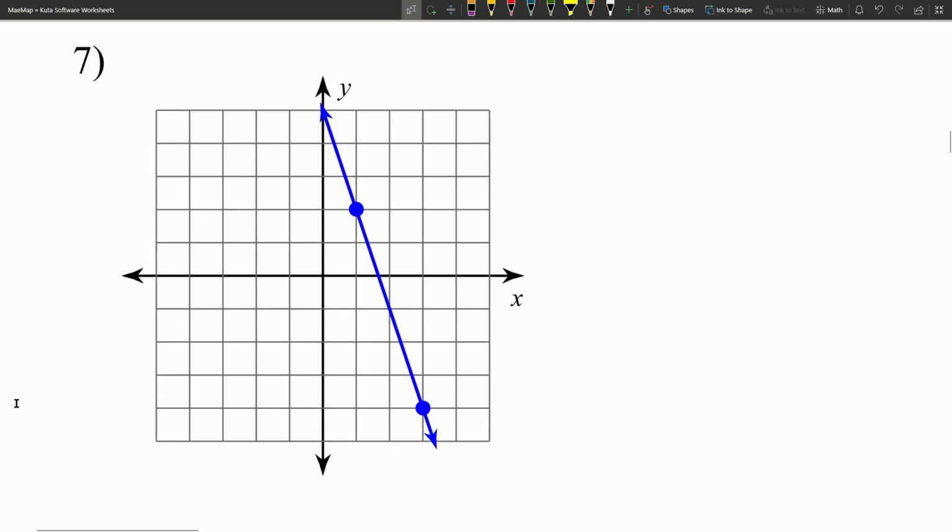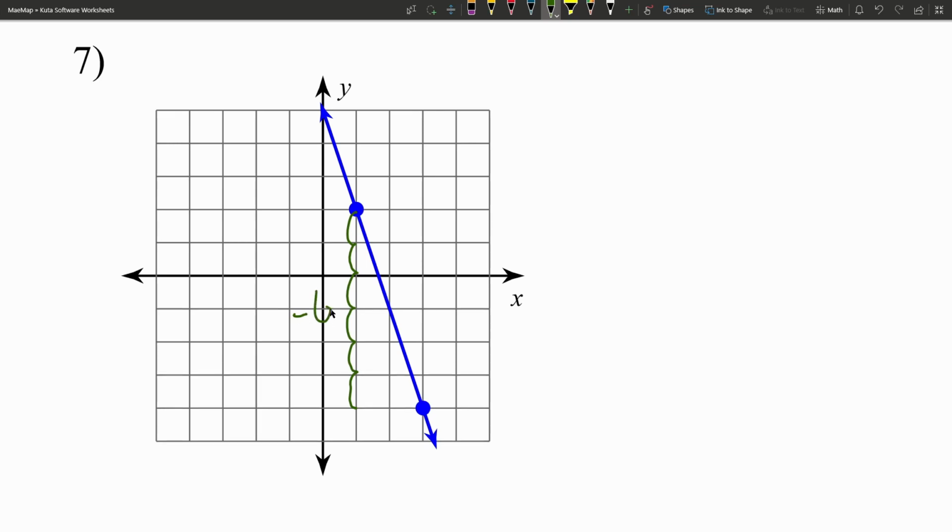Moving on to number 7, we have a negative slope because our line is going down as we move to the right. So if we think about a hill and we're starting up here, we're going to go down the hill as opposed to going up the hill. So let's calculate our rise over run. Starting with our leftmost point, we're going to go down 1, 2, 3, 4, 5, 6.